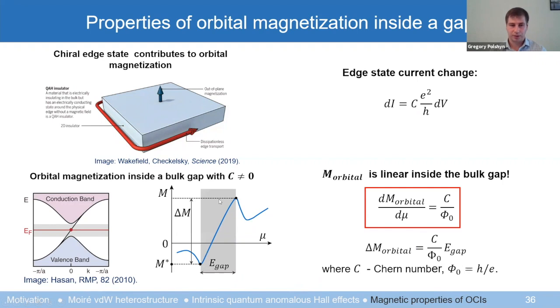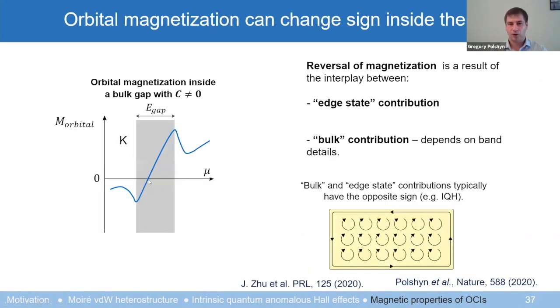Okay, so this linear change of magnetization inside the gap is quite interesting. However, there is something even more counterintuitive: it turns out that the magnetization doesn't only change linearly, it often crosses zero inside the gap.